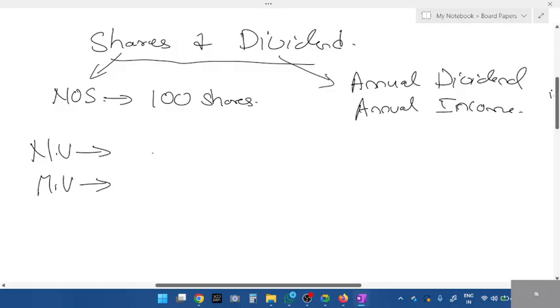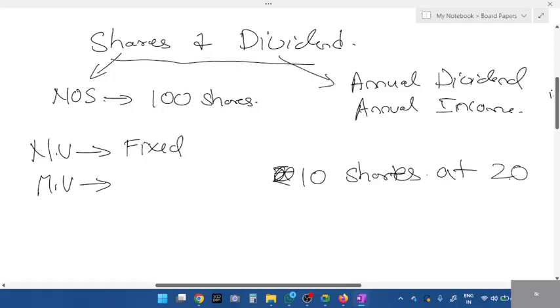Once it comes to market, it is market value. Nominal value is fixed. Market value will keep fluctuating. If they give rupees 10, 10 shares at 20.